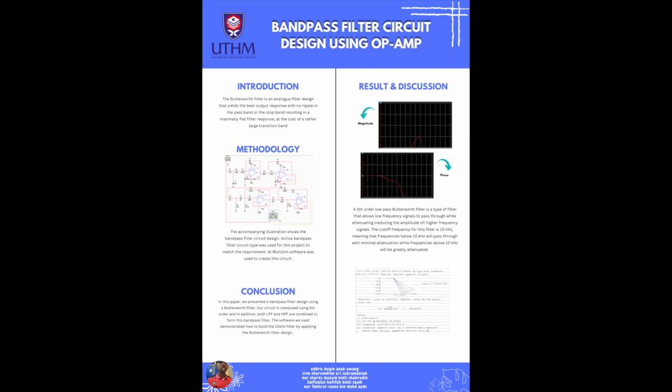It is also worth mentioning that Butterworth filters are known for having a maximally flat response in the passband, meaning that the frequency response does not vary greatly in the cut-off frequency range. This makes the Butterworth filter a good choice for applications where constant gain in the passband is desired. That's all. Thank you.